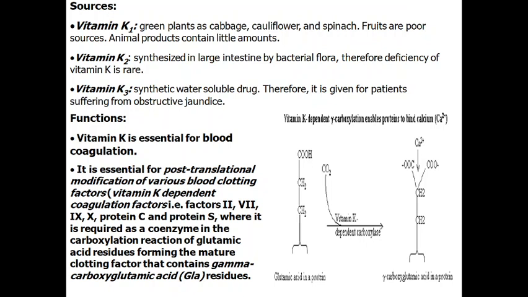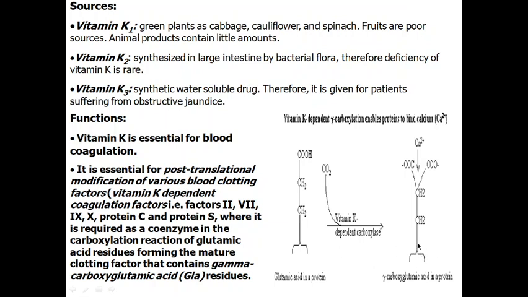So both the procoagulant and the anticoagulant factors are dependent on vitamin K. How? Because vitamin K dependent carboxylase is an enzyme in the liver that adds a carboxyl carbon dioxide group to the gamma carbon of certain glutamic acid residues present in these coagulation factors.